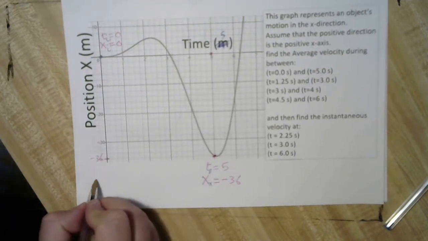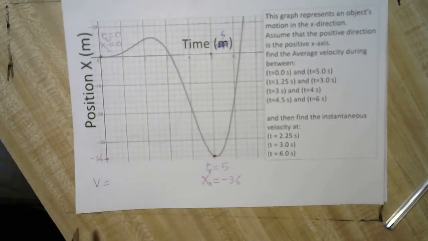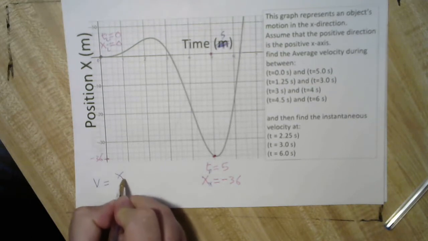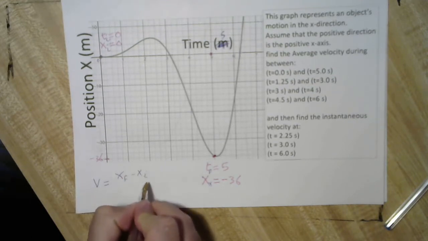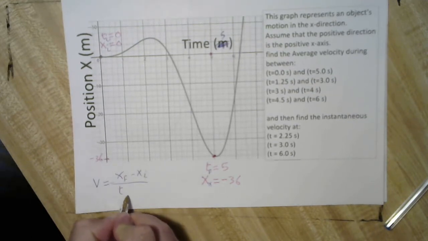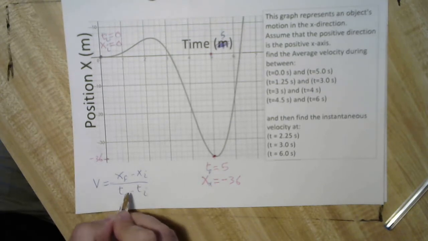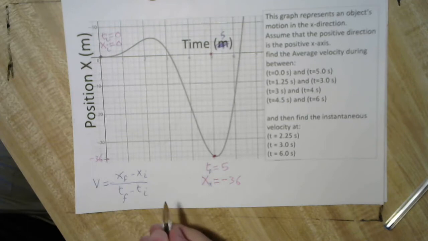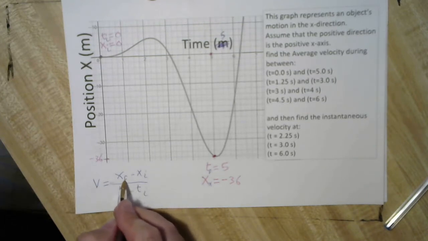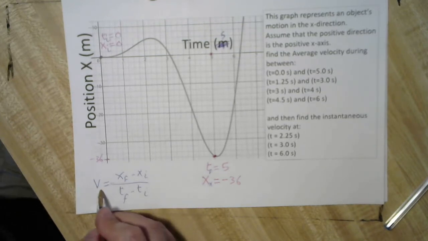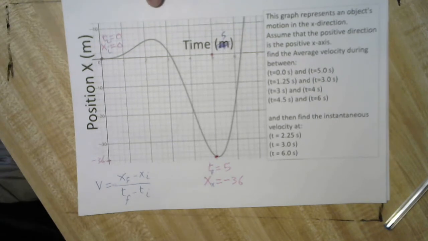So the velocity is equal to x final minus x initial divided by t final minus t initial. From this formula, I know that the rate of change of the position is the velocity.